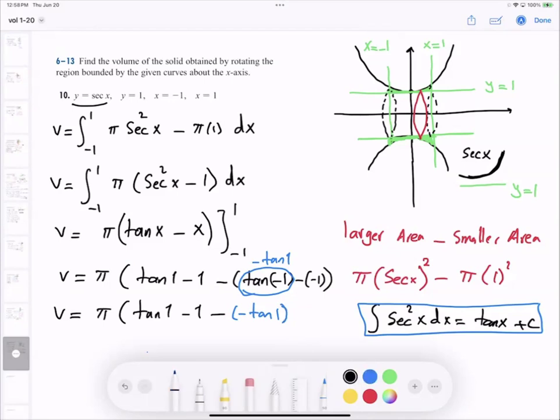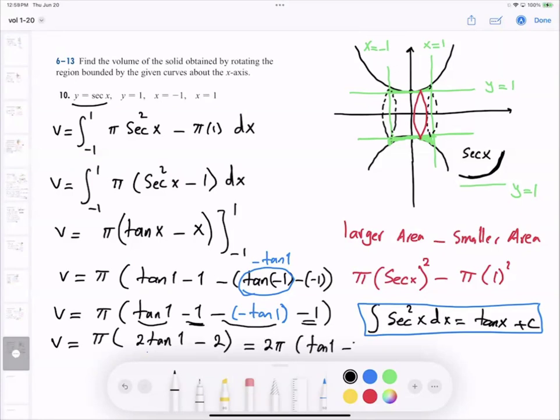Let me close up the parentheses, and -1. So the volume is equal to, here you have a pi, so let's keep the pi outside, and here you have tangent of 1 plus tangent of 1, 2 tangent of 1, and then here -1 minus 1, which is -2. So you can write it as 2 pi tangent of 1 minus 1. And if you want to get an approximation, you're going to use a calculator.